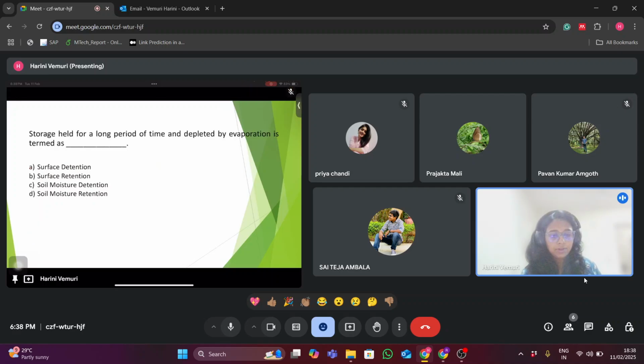Okay. So if you have any questions in the middle, you can raise your hand or you can switch on the mic and ask questions. And the second question is, storage held for a longer period of time and depleted by evaporation is termed as: option A surface detention, option B surface retention, option C soil moisture detention, and option D soil moisture retention.